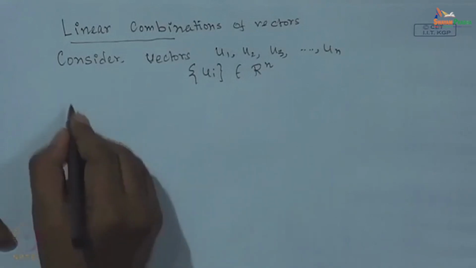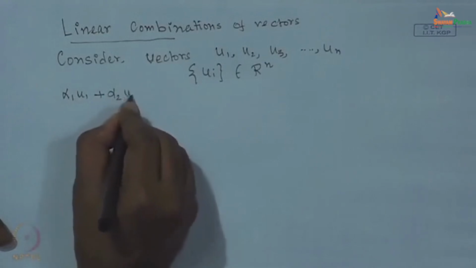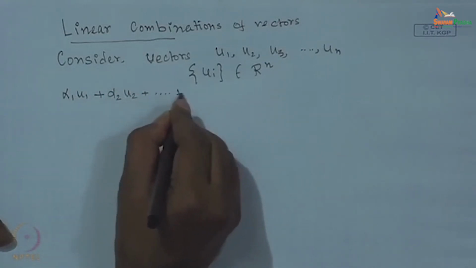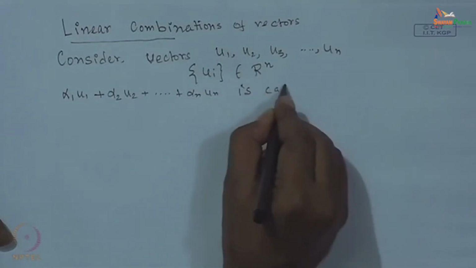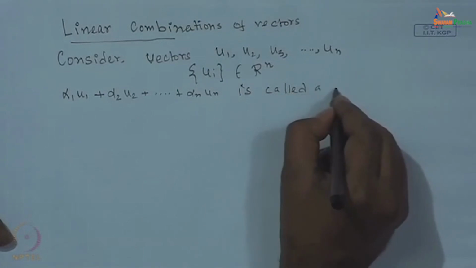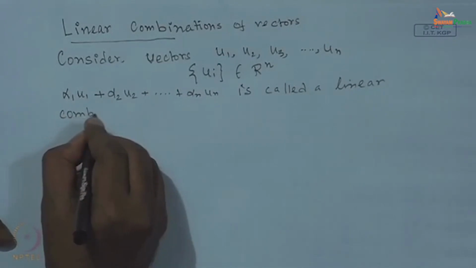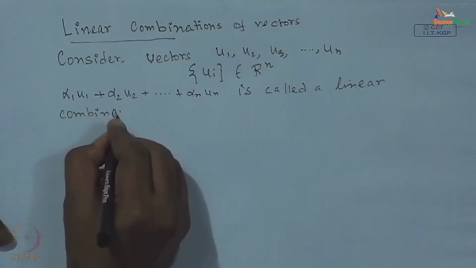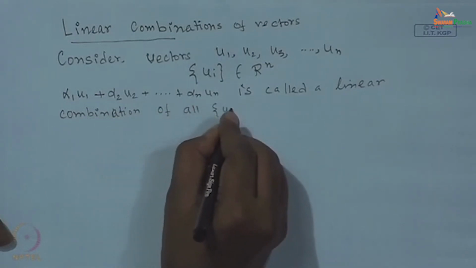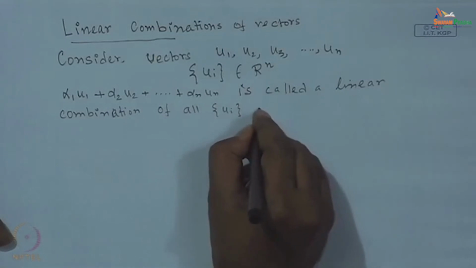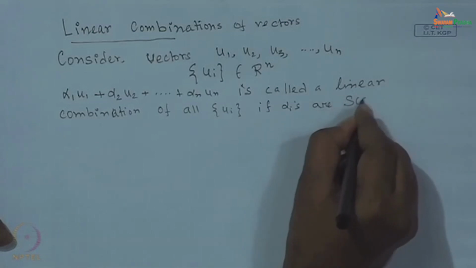Then we call this combination, alpha 1 u1 plus alpha 2 u2 plus alpha 3 u3 plus up to alpha n un, a linear combination of all ui's, if the alpha i's are scalars.